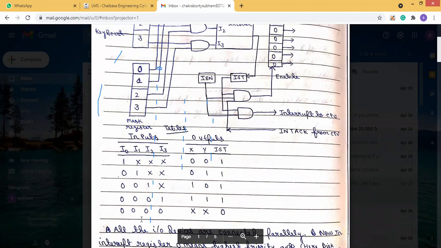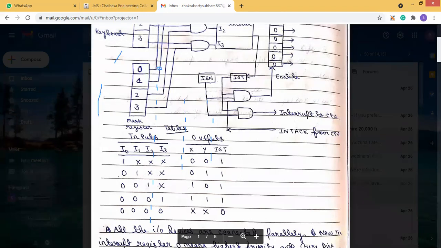And always one thing we have to remember is that we have to consider the highest priority interrupt. If we get the highest priority interrupt among input output devices, then the priorities of the other input output devices are not considered. We'll simply use don't care condition for that. Okay, clear? Yes, sir.